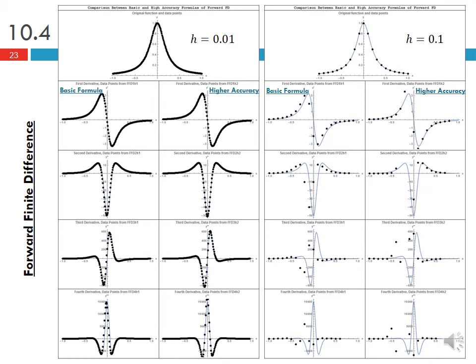This is showing a comparison between the basic formulas and the higher accuracy formulas, with 2 different choices of our step size h using the forward finite difference scheme. So you can see that the higher accuracy formulas tend to be a bit more accurate than the basic formulas, but the main thing that you can see here is actually that for a larger h, both approximations provide a pretty good approximation for the first derivative and for the flat parts of the higher derivatives.